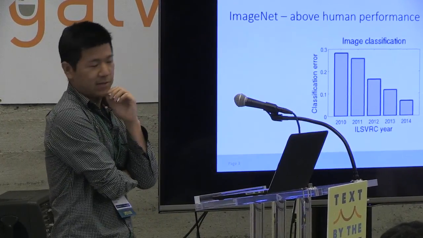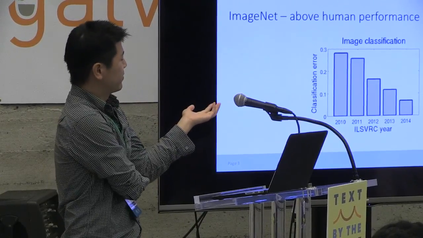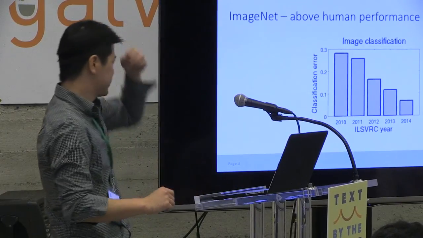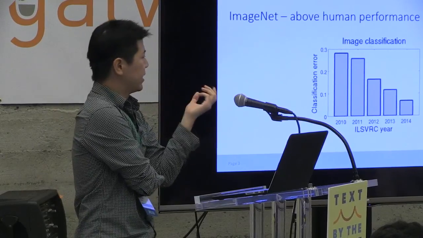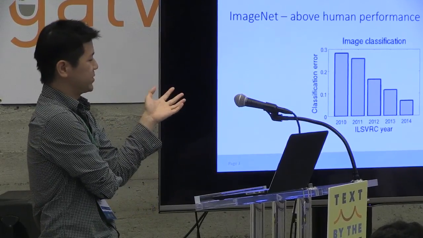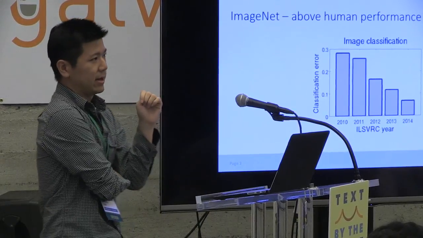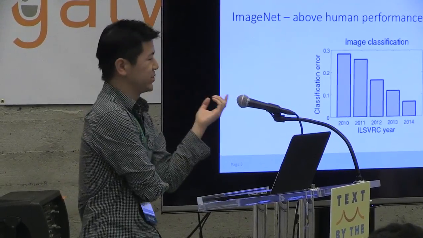To give you an idea of what this means, this is a task of about 1,000 classes and 1.2 million training images. Human level performance of human labelers is 5%. So the latest MSR number is beyond human level performance on image classification.